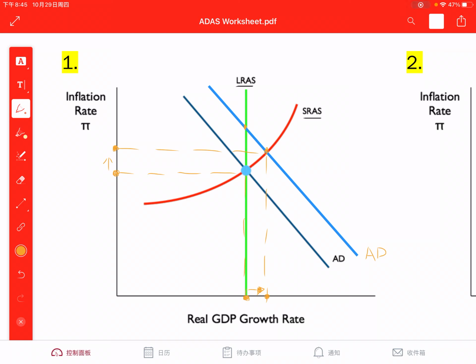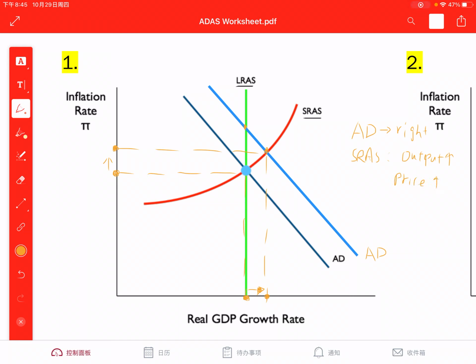So if the aggregate demand is to the right, then in the short-run aggregate supply we will have our output to be higher and the price to be higher.